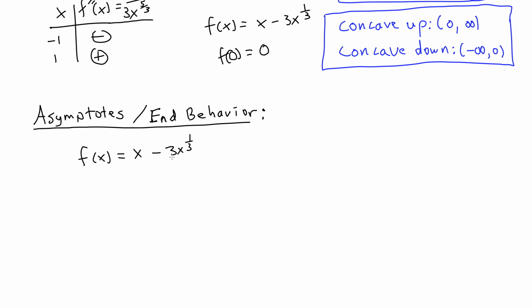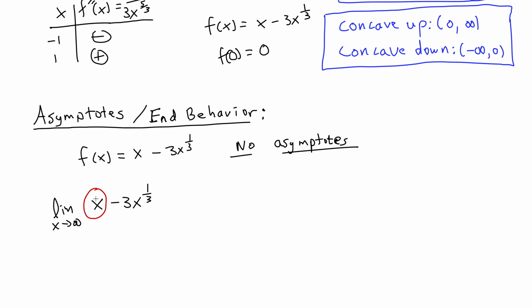Okay, so there's no x's in the denominator here, so we have no asymptotes. So that's good news. Next, let's look at the end behavior. For the end behavior, we'll take the limit as x goes to infinity for the right end behavior of x minus 3x to the 1/3. And remember that the leading term dominates this thing.